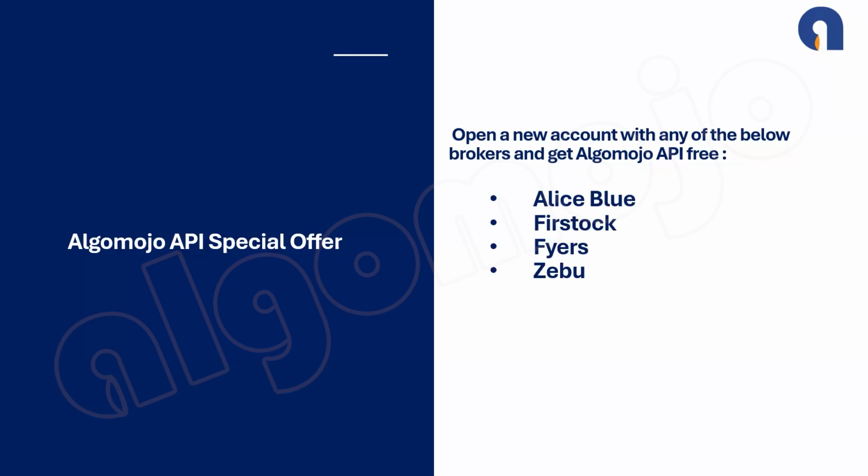However, a couple of months back, most brokers have withdrawn that facility, so we are not able to extend the free API for all the brokers. For these 5 brokers, in case you'd like to use them, please use our website to open the account and avail the free API facility provided by us. We have an arrangement with these 5 brokers, which is the reason we are able to extend APIs free for the users.